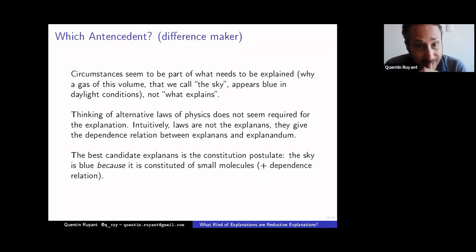And so the best candidate seems to be the constitution postulate. The sky is blue because it is constituted by small molecules. And then the laws of physics give you the dependence relation between the fact that the sky is composed of small molecules and the fact that it appears blue.